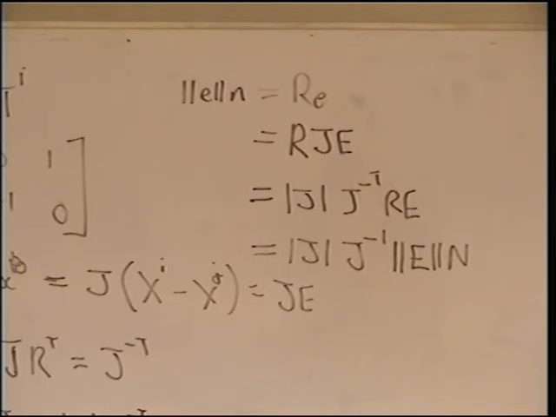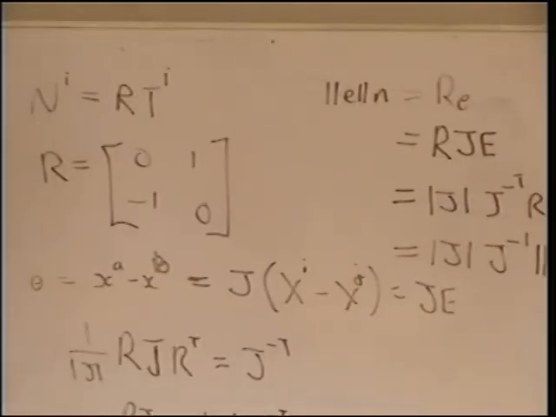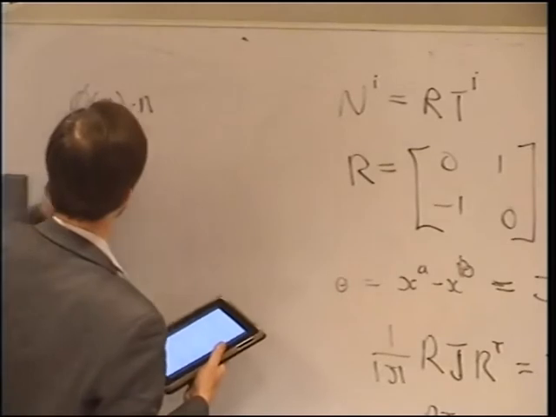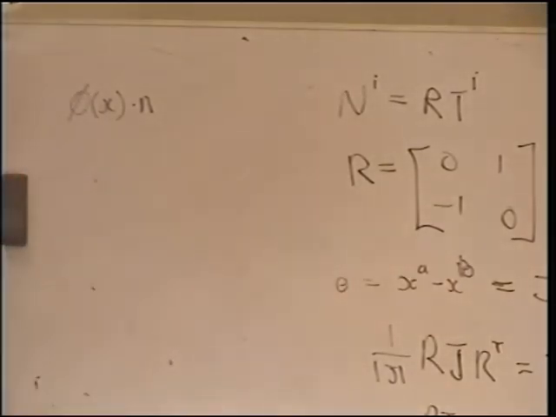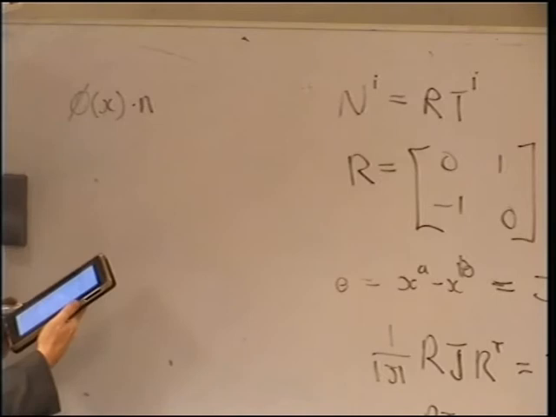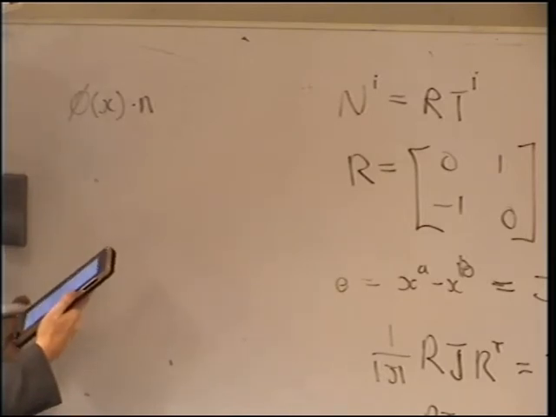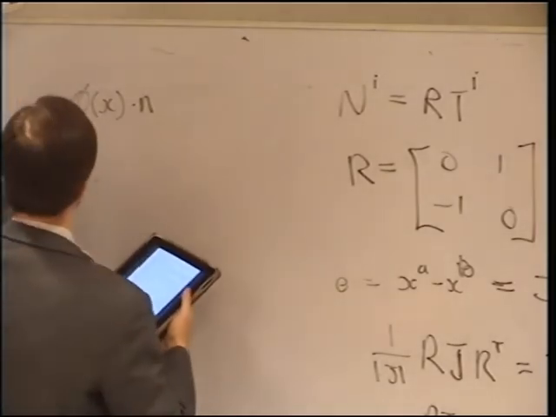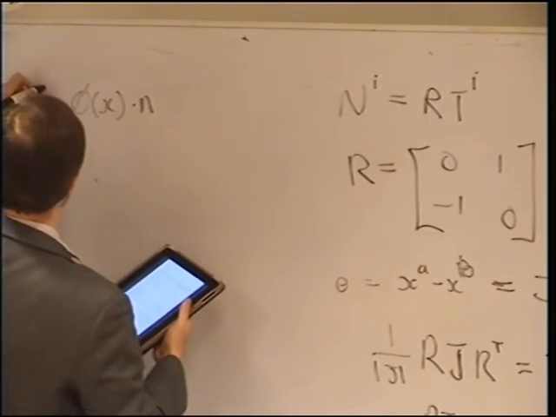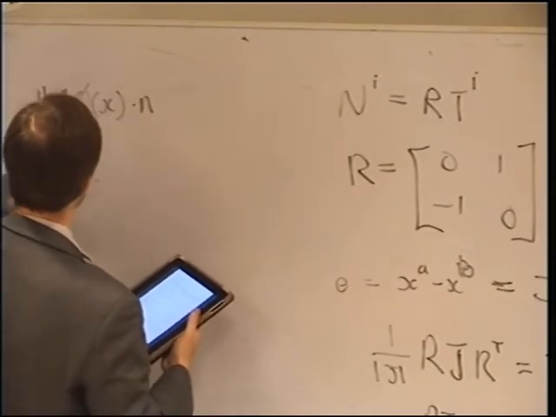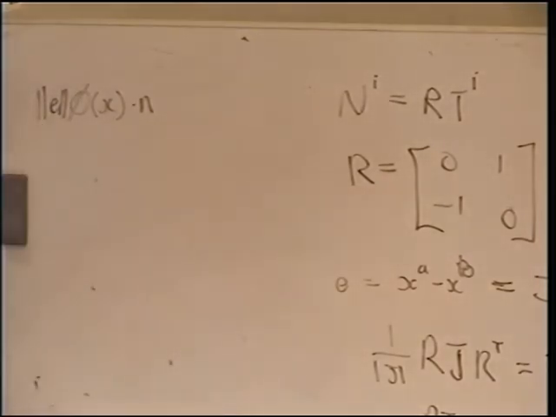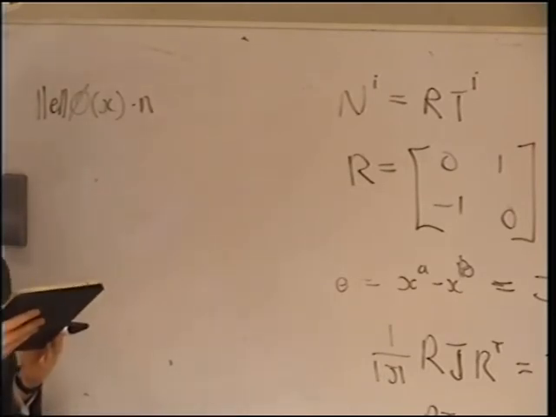I want to know what happens to the normal component of some function that I have in the space. Actually, that's what I know about.